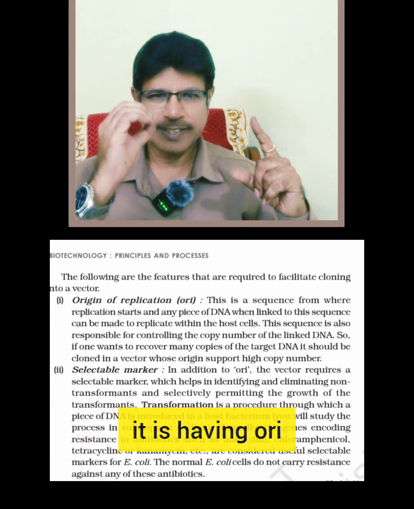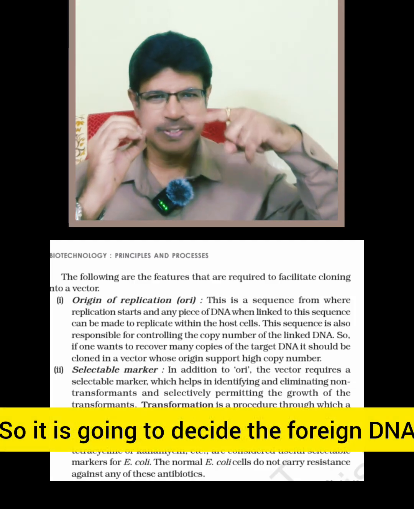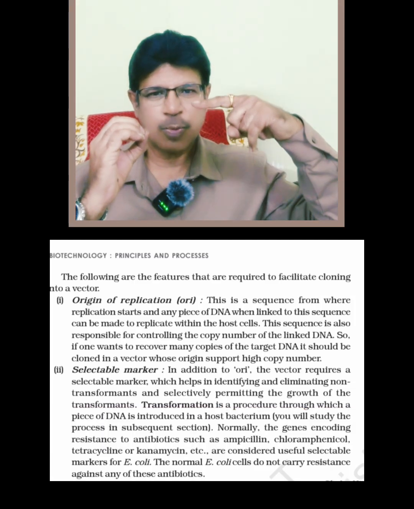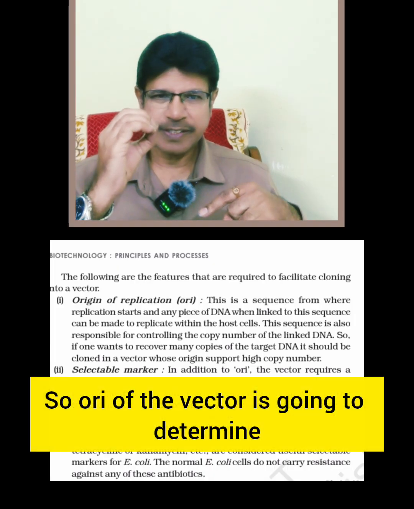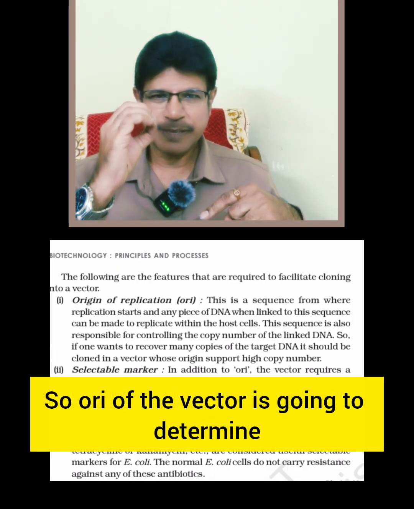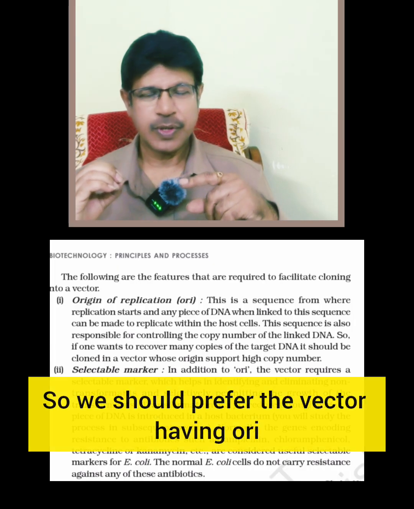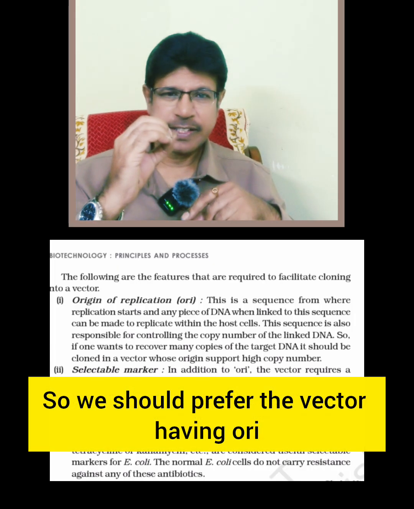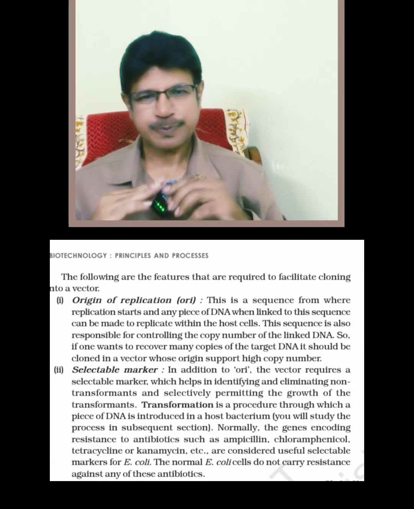Suppose it is a vector, it has an ORI, and here is the foreign DNA. The ORI is going to decide how many copies of the foreign DNA there should be. So the ORI of the vector determines the copy number of the linked DNA. So we should prefer a vector having an ORI with a high copy number.